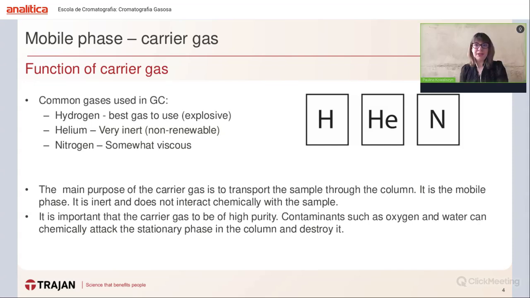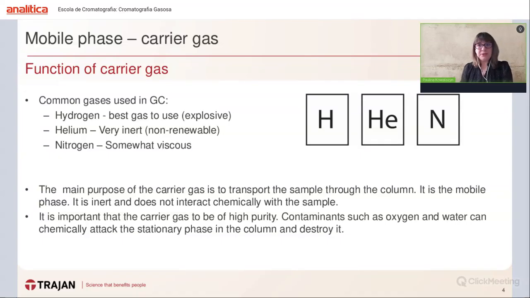Talk a little bit about the gas used in the GC. As the name suggests, gas chromatography uses gas as a mobile phase. The function of the gas is to take the sample through the column from the injection port onto our detector.